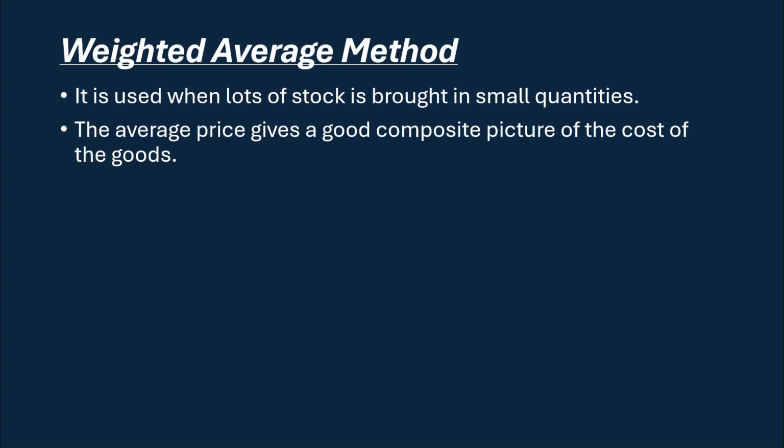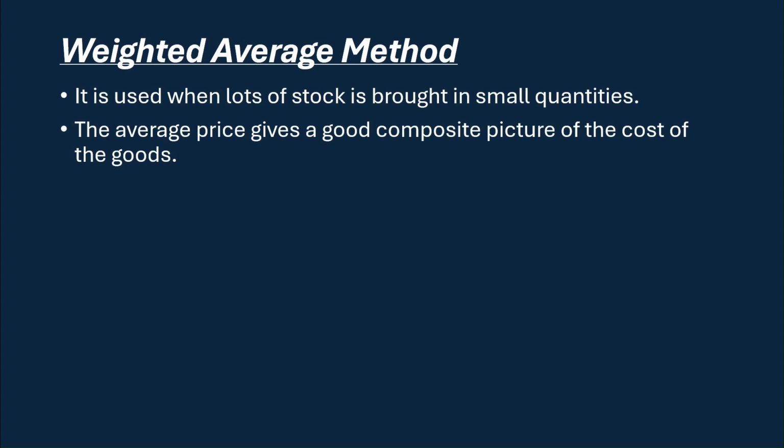Second, the average price gives a good composite picture of the cost of the goods. Since lots of stock is bought in small quantities, they would buy maybe two, five, six, whatsoever. They don't buy in the same amounts. We can basically just use the average, right?